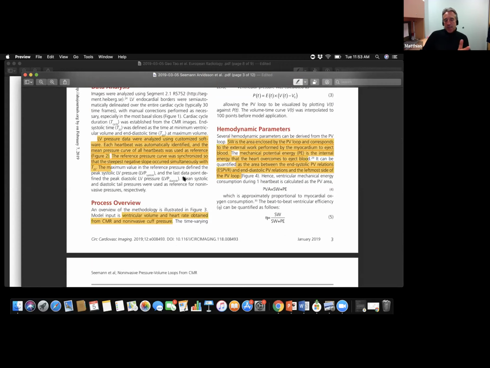Yeah, whether you think there are any significant confounders with blood pressure measurements, for example, and others that may affect the accuracy and the reproducibility of the data that we may have missed. Yeah, so I think that we're using brachial pressure, we're only using systolic and diastolic pressure, and we're using a sort of transfer function to estimate what the pressure would be in the ventricle.